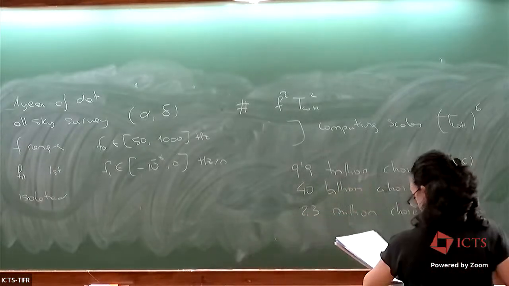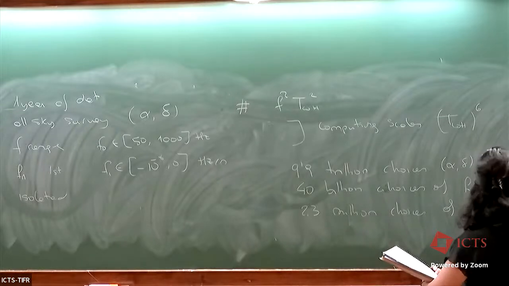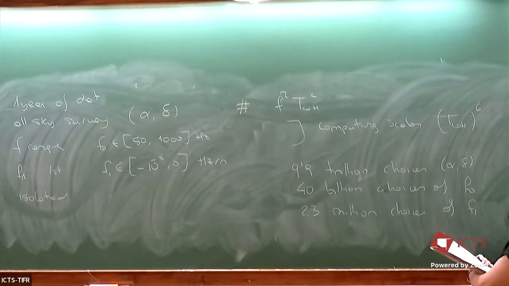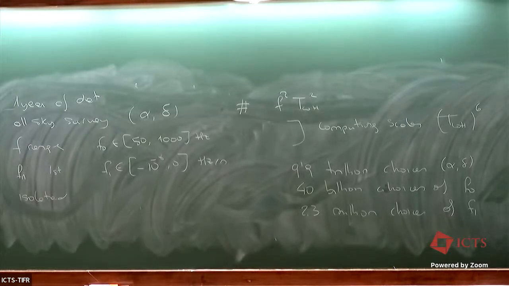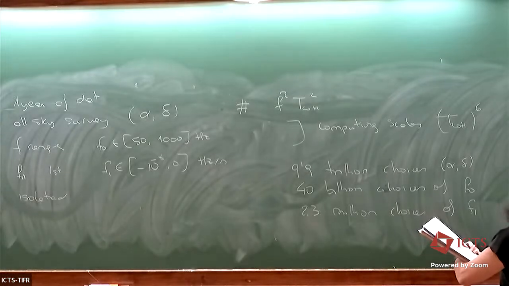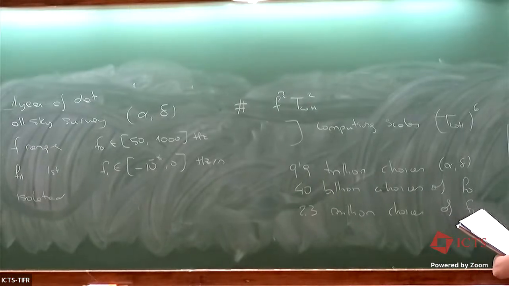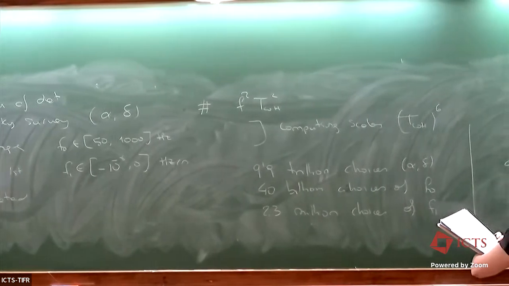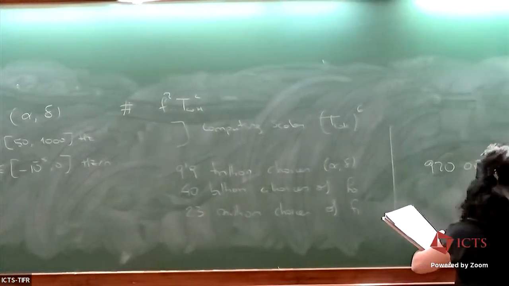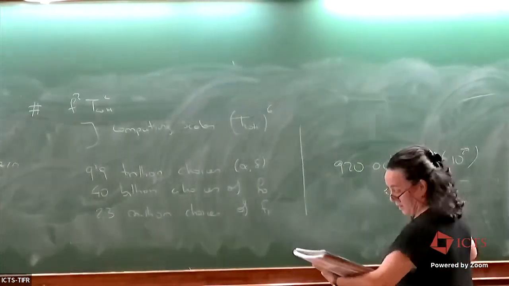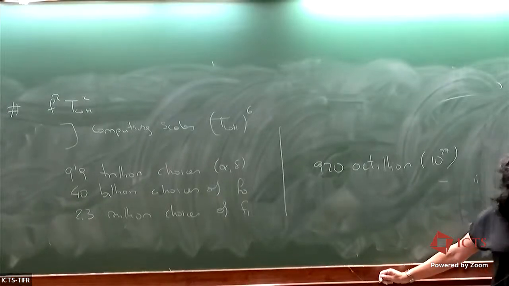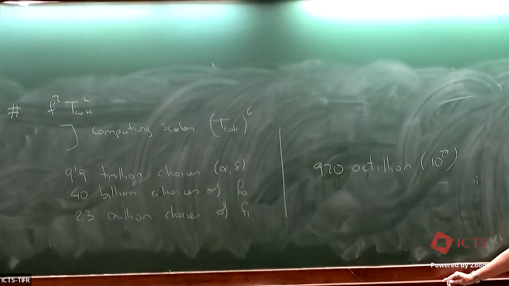So I would have 920 octillion values of the F-statistics to be computing.